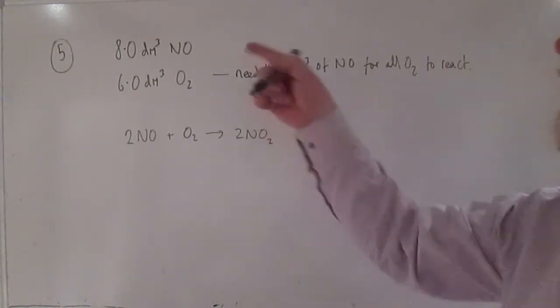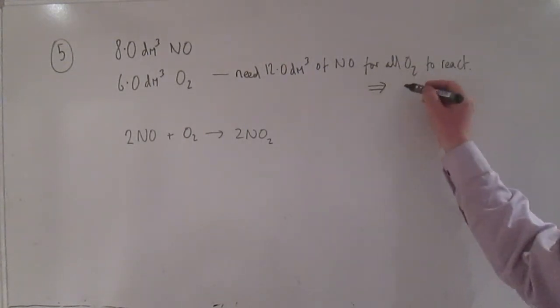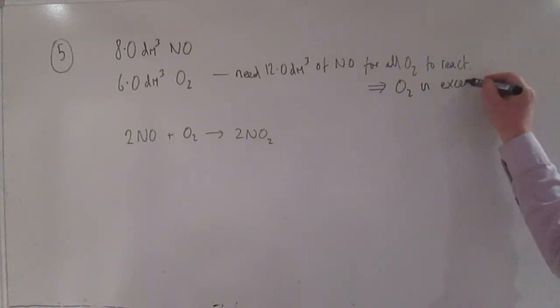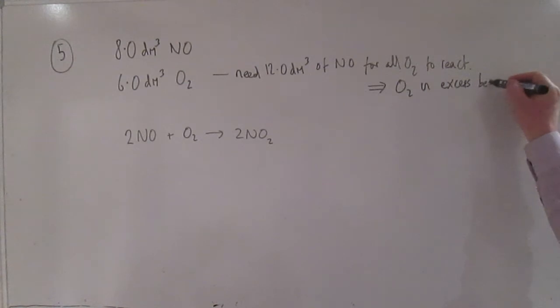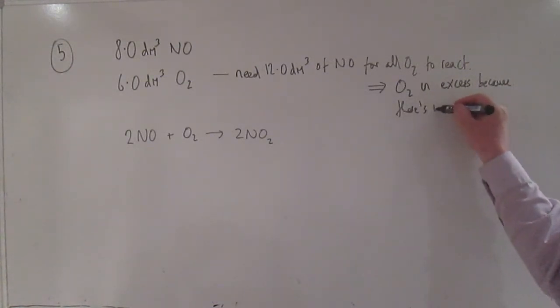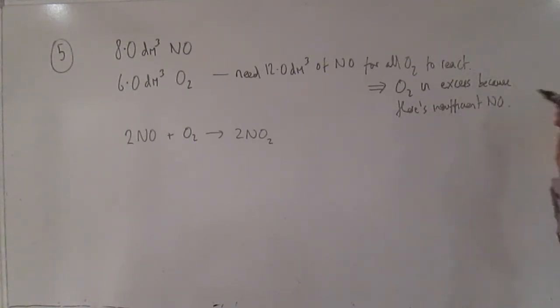And you can see you haven't got that much. So that means that oxygen is in excess, because there's insufficient NO. Okay, so that's the first thing. You've got to be clear which one is in excess.